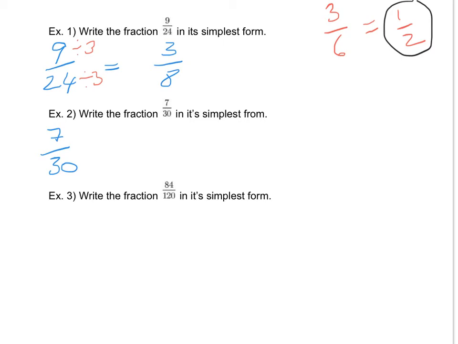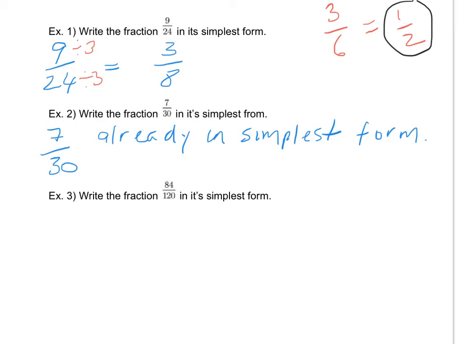So there's nothing. That means that this is already in its simplest form, so I can write that down. Already in simplest form. There's nothing else you can do with that.